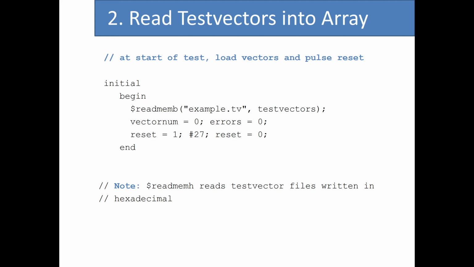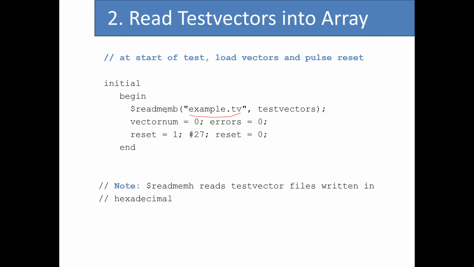The next thing that we need to do is read the test vectors into an array. The file that we have used for the test vectors is called example.tv, and we use an internal function of SystemVerilog to read that. That function is $readmemb.